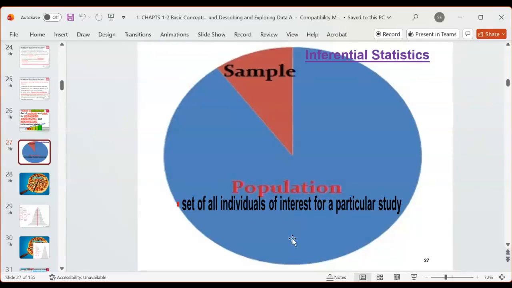The sample will be a subset of the population. Again, it's not about memorizing the definition, it's about understanding what is a sample and what is a population. We use that mostly for inferential statistics, and we will talk about inferential and descriptive stats.